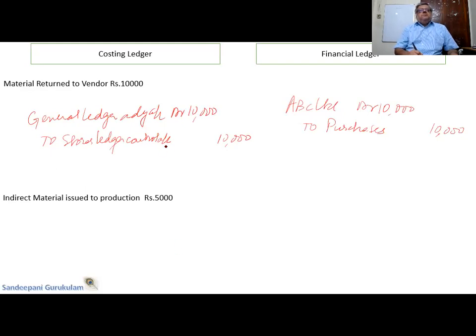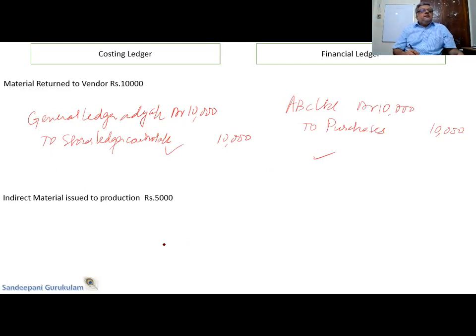So the double entry is completed in both sections. Purchases becomes stores ledger control account because the grouping is different. In the cost ledger you group the goods under stores ledger, so you use that terminology in the costing ledger, whereas in financial books you group all your goods under purchases, so you use the purchases account.